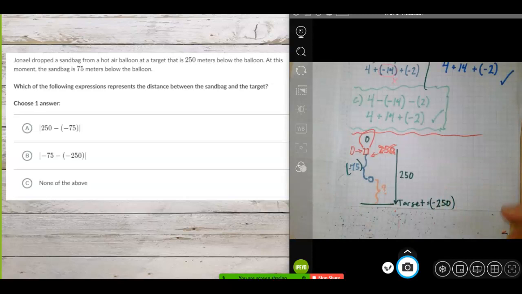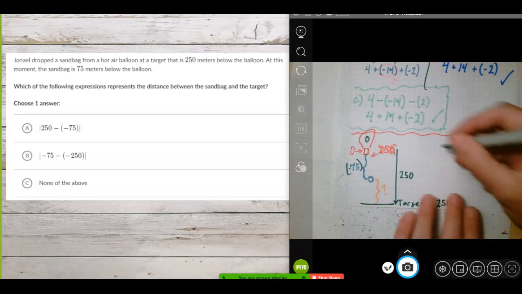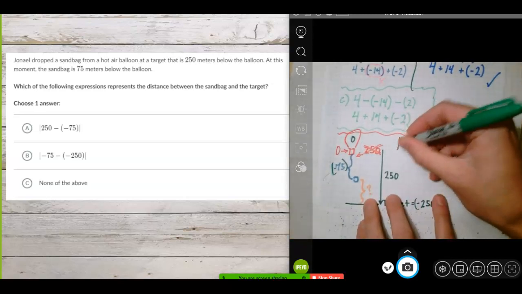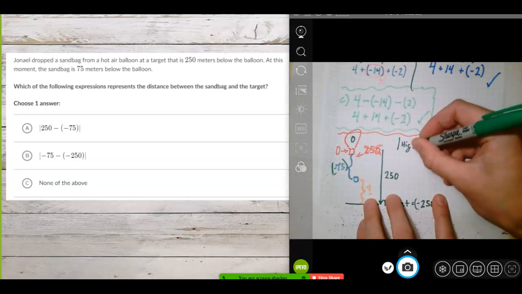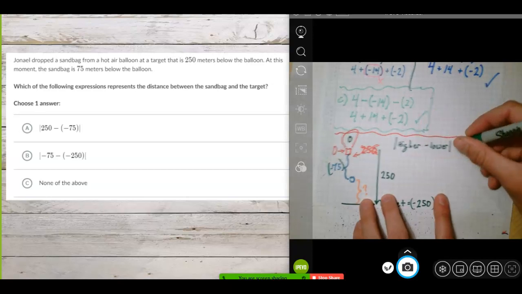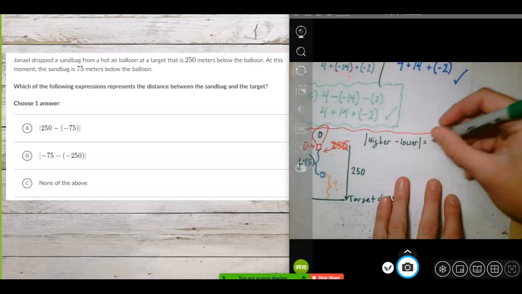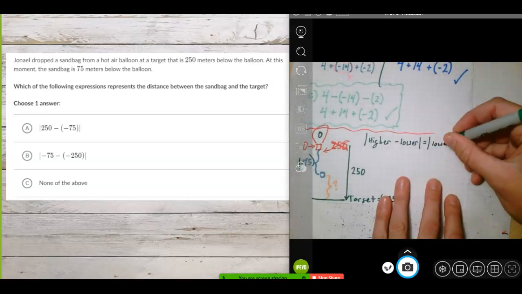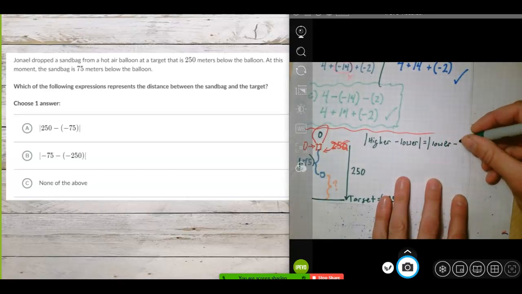And remember, the distance between two numbers is either the absolute value of the higher minus the lower, or the absolute value of the lower minus the higher.